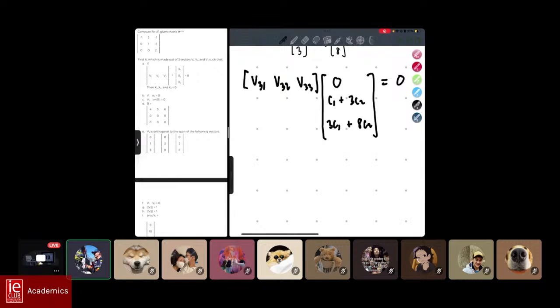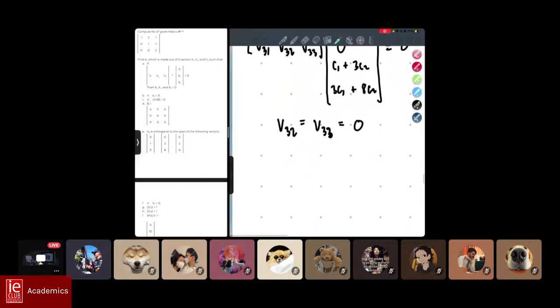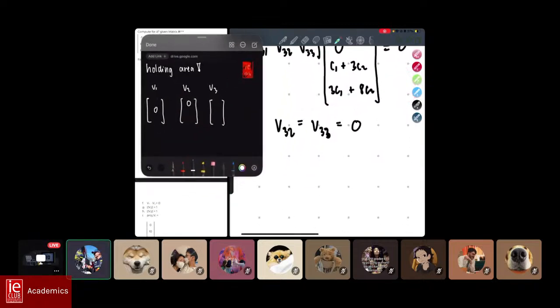What that therefore means is that, if these are non-zero, then V32 and V33 have to be both 0 for the dot product to be 0. Right? Because if this is assumed to be non-zero, then these two have to be 0 for your dot product to be 0. So now we have more information, and it's mostly about which ones are 0, but that's okay.